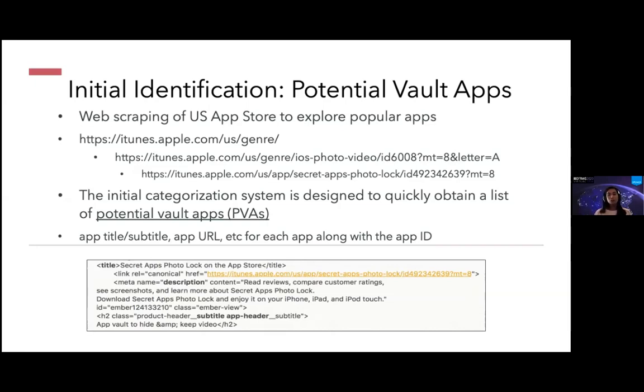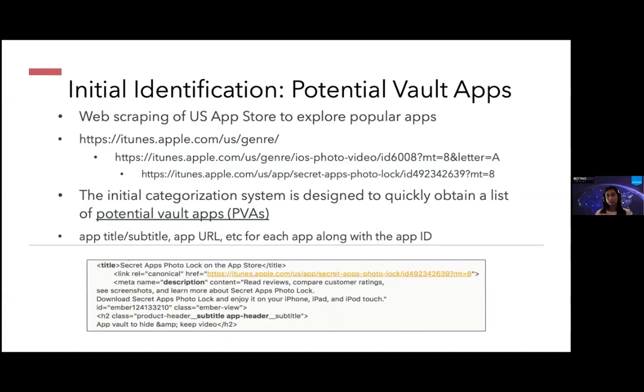When we did this process, we were able to go through close to 1 million such applications. When we gathered all the potential vault applications, we stored the app's title, the app subtitle, the app URL, and a few other pieces of information related to the application.